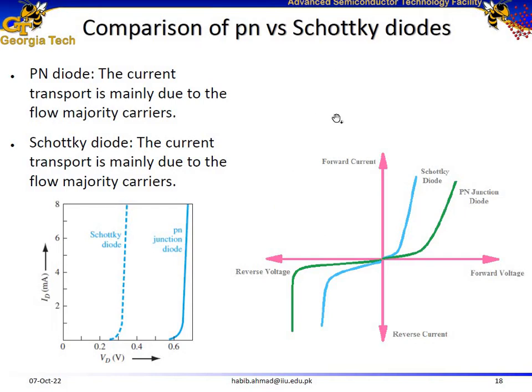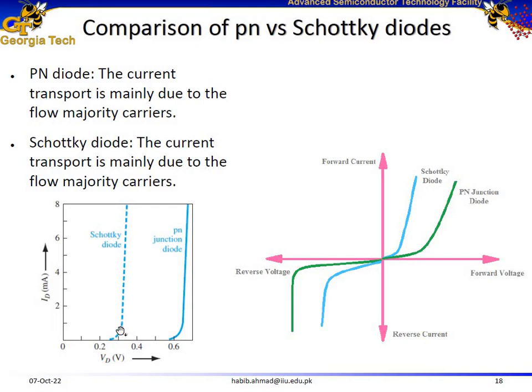Comparison of a PN versus Schottky diode. Now, as I already discussed, a Schottky diode has a lower turn-on voltage as compared to a PN junction diode. For a PN junction diode, the turn-on voltage is roughly 0.6, 0.7 volts. For a Schottky diode, we calculated it in one of the examples.